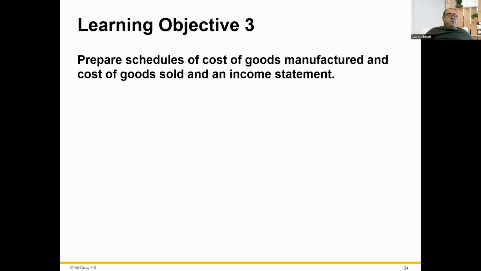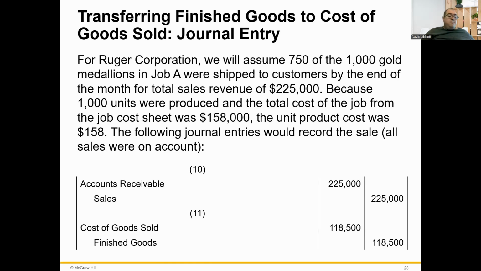Direct material requisitions are added to the work in progress inventory, and indirect material requisitions are debited to manufacturing overhead. Additions to work in progress consist of direct materials requisitions, direct labor, and overhead applied. Transfers out of work in progress consists of costs transferred to finished goods. Transfers out of finished goods consist of cost of goods sold.